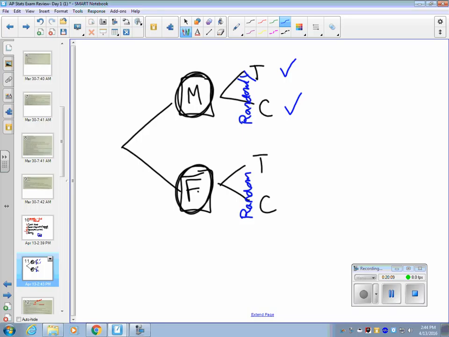It's blind if the people receiving the treatment don't know what treatment they're getting. The example I used in class was losing weight, where you were on Weight Watchers or Jenny Craig or Nutrisystem. That would not be blinded because you know what treatment you're doing. So that couldn't be blinded.